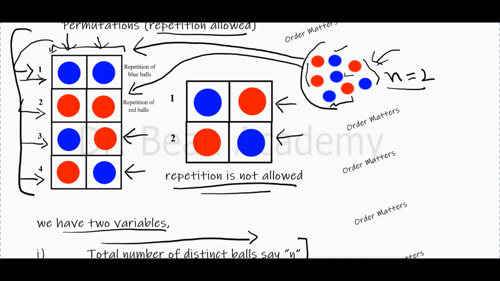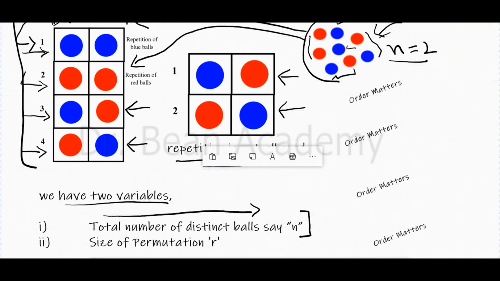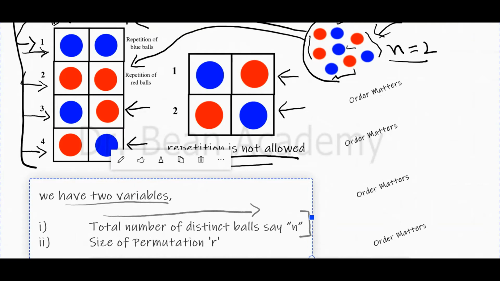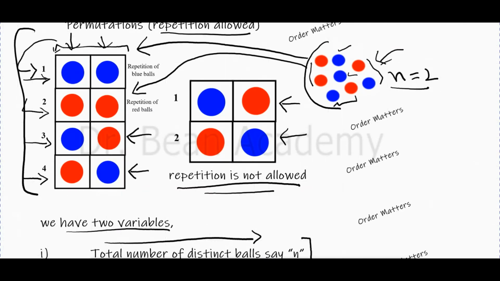So n is the total number of distinct choices you have. So in this case, n is equal to 2. And another variable which affects the number of permutations possible for a certain situation is R. This is actually the size of the permutations. For example, I told you that you have a frame of two boxes. So now you are limited.